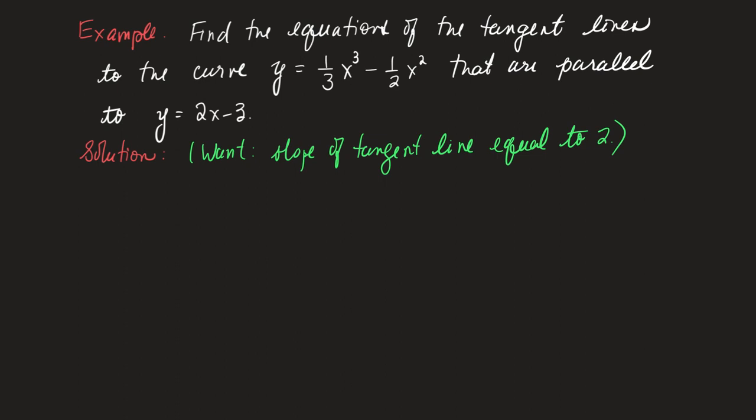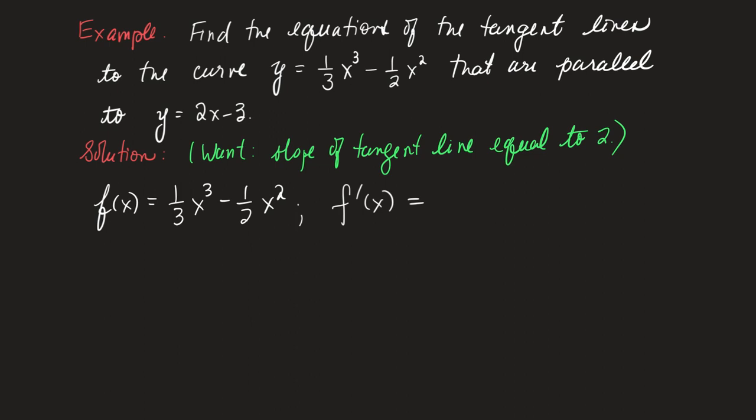So to distinguish between the two functions we have here, let's call this first one f of x. That's 1/3 x cubed minus 1/2 x squared. And so f prime of x is equal to, I can just use the power rule.